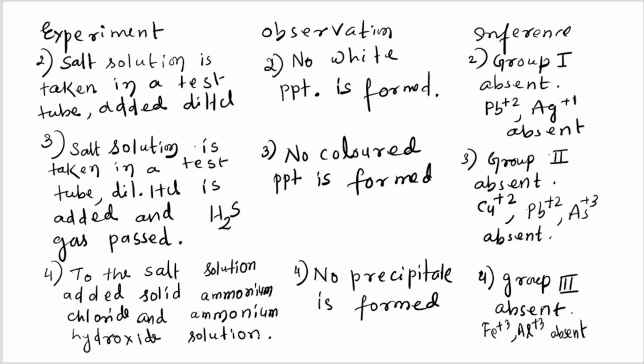The salt solution is taken in a test tube and HCl is added, and now there is no white precipitate.